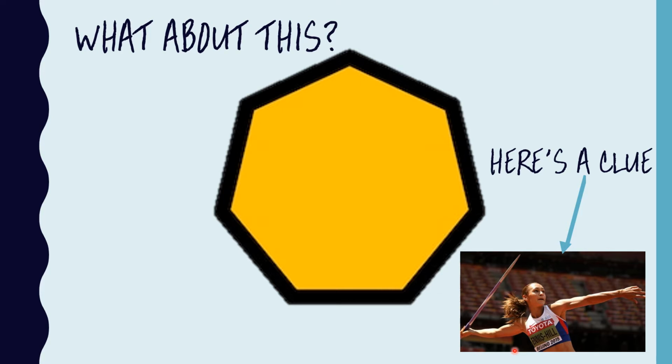So 7 different things that she has to do in her competition. Just like this shape has 1, 2, 3, 4, 5, 6, 7 sides. Both have something 7 in them. What's the name of Jessica Ennis-Hill's event? And that might help you with the name of the shape.